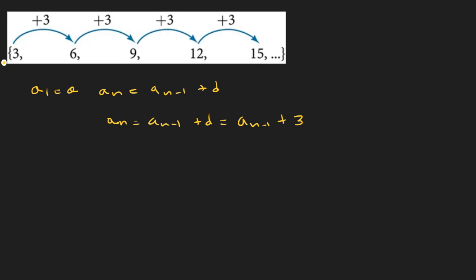And notice that here a_1 was defined as 3. So if we wanted to find a_2, that would be a_1 plus 3, which is 3 plus 3, equal to 6, and so on.